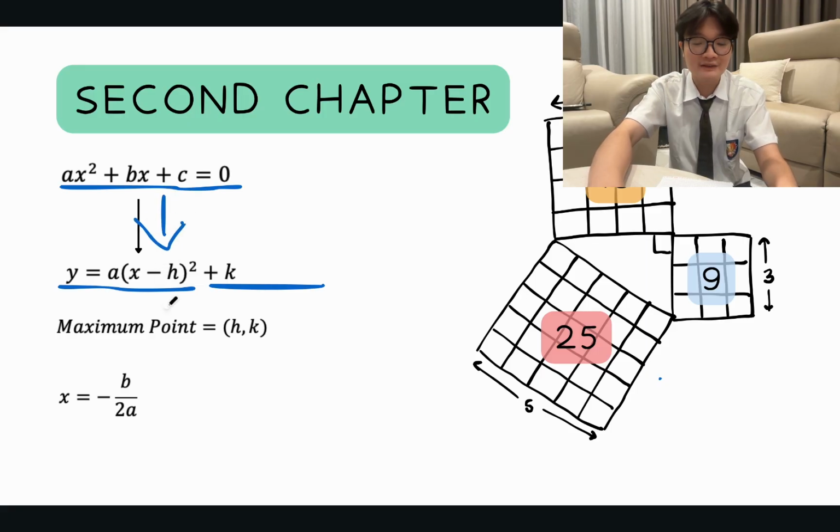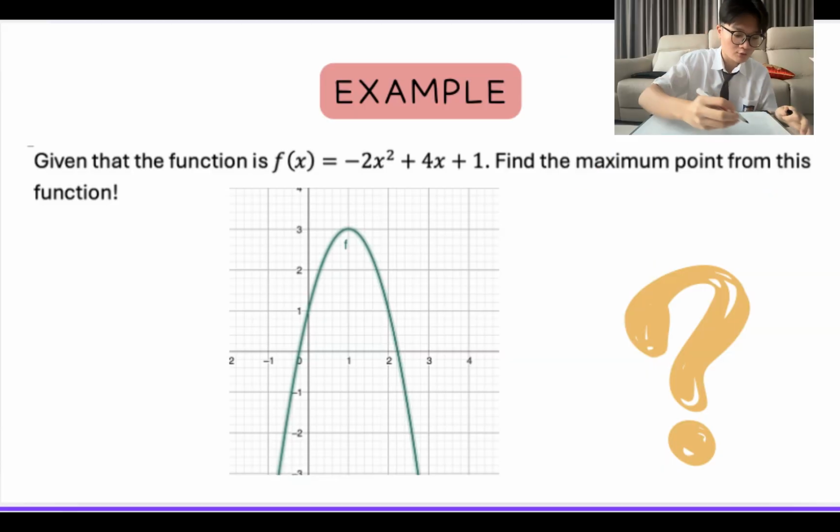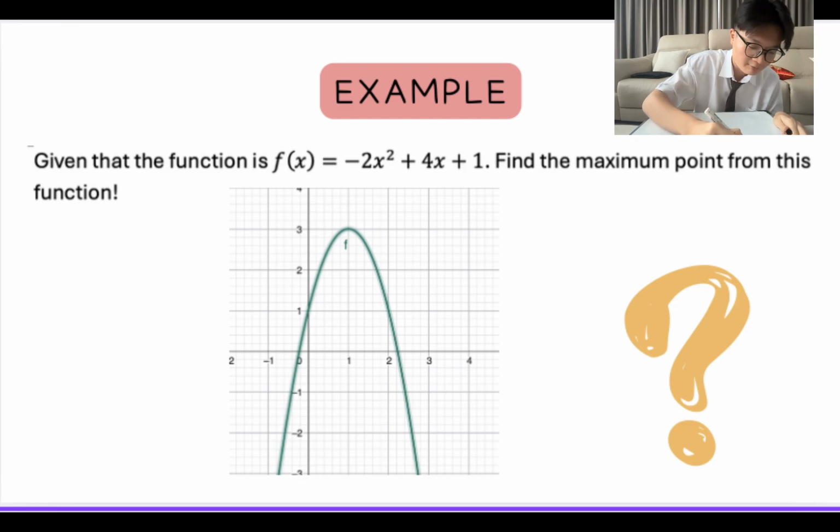After we find this, we can also conclude that the fast way to find the maximum point is through a really simple formula, which is x equal minus b over 2a.